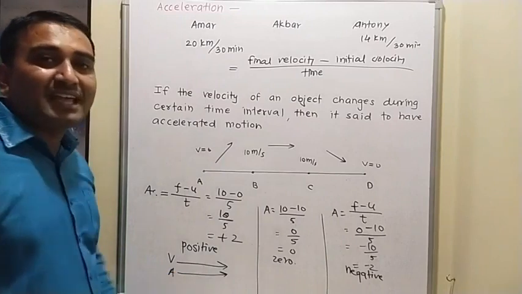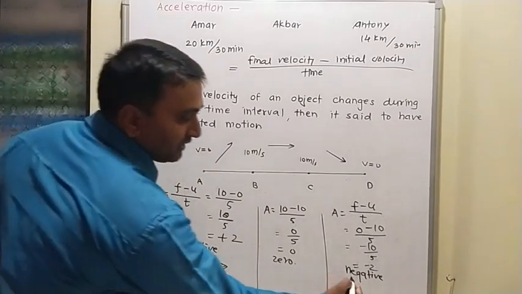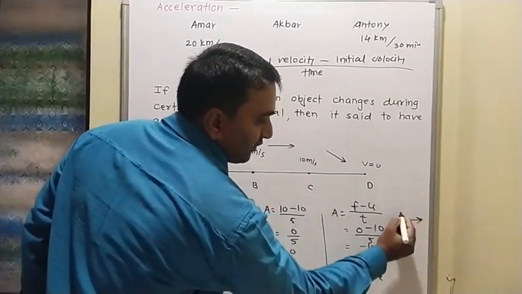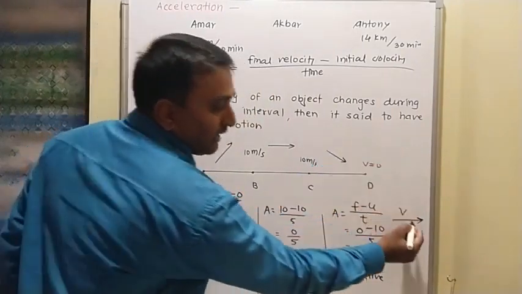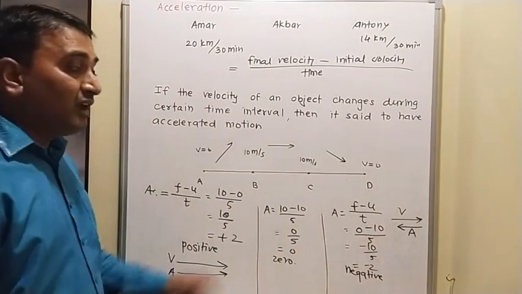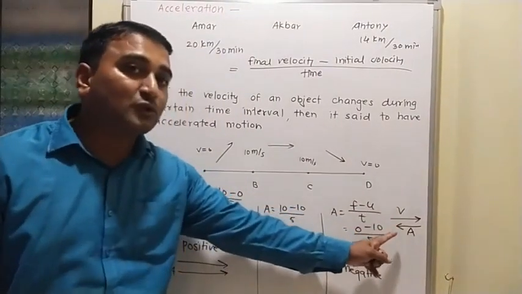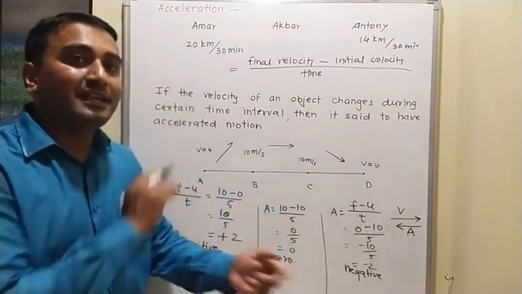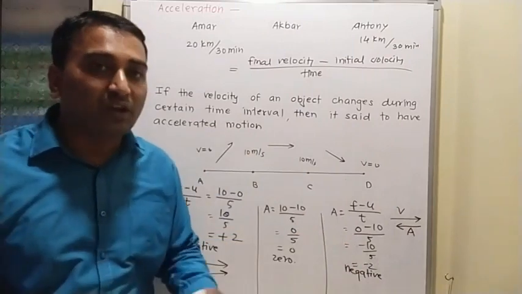Here we do not have acceleration, zero acceleration. But here, when we have the velocity in this direction, acceleration is opposite to the direction of velocity. And so, as it is opposite to the direction of velocity, the object comes to rest.